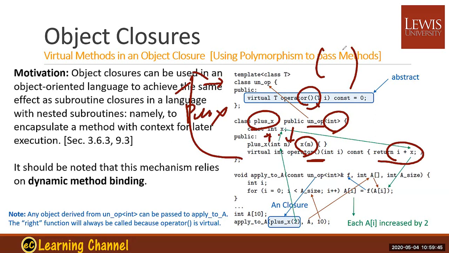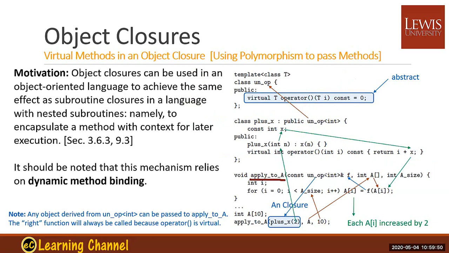Now let's look at the second part. In the second part, you have apply a with this. The function pointer, a function reference, is put here, and you have an array being passed in. Each array element will be processed, for a size number of times, running the f function on each individual one. So at the end, it means applying the +2 function to the array A with 10 elements.